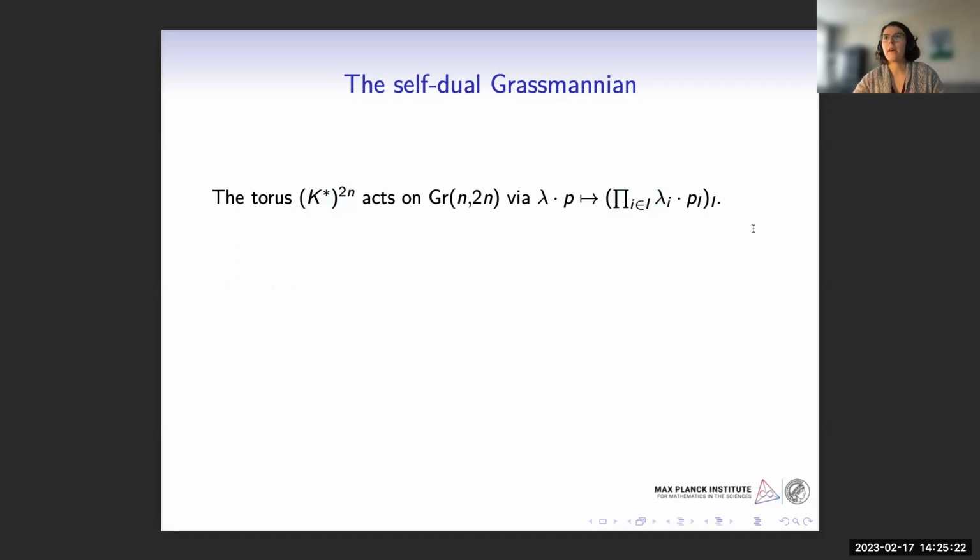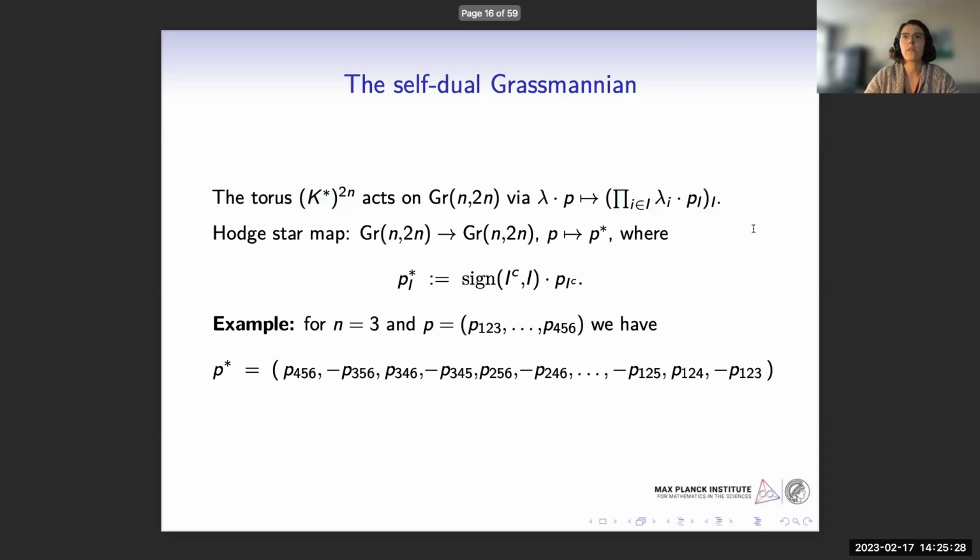Okay, the next ingredient that we need is the so-called Hodge star map. In this particular case, because we look at the Grassmannian n to n, it is an involution, and it maps P to P star, where P star is defined by this mysterious equation. So we need the sign of some permutation, and then we take the complementary index.